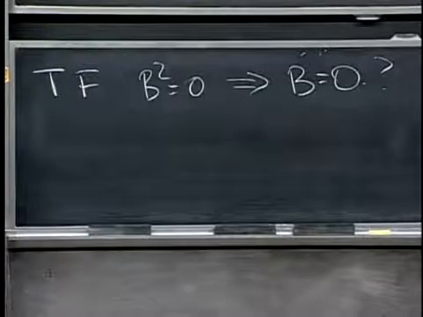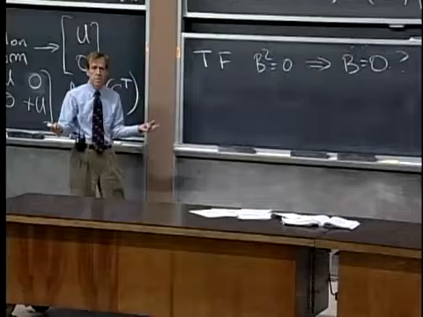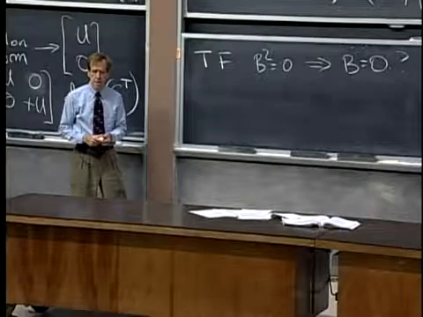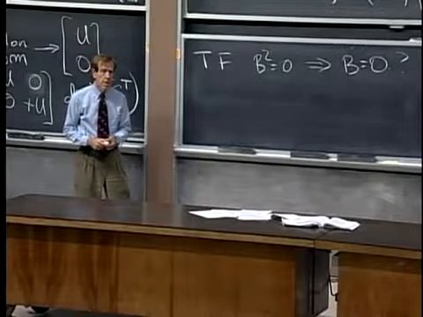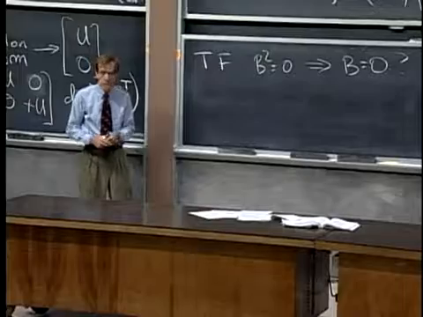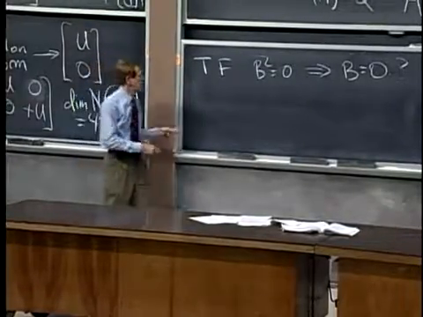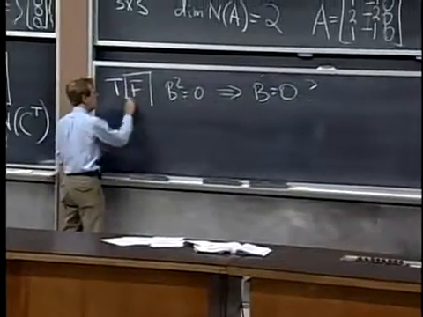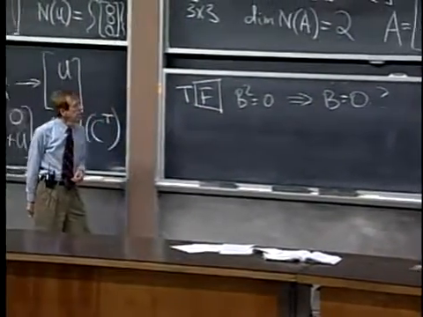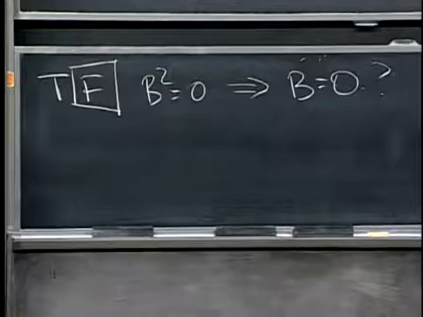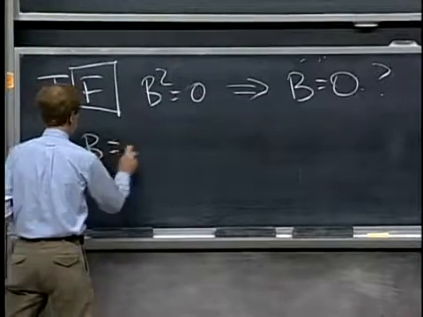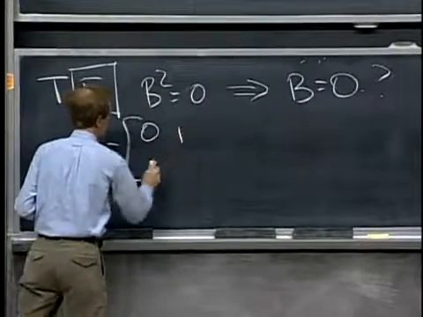Are there matrices whose square could be the zero matrix? Yes, there are. There are matrices whose square is the zero matrix. So this statement is false. If b squared is 0, we don't know that b is 0. For example, the best example is that matrix.